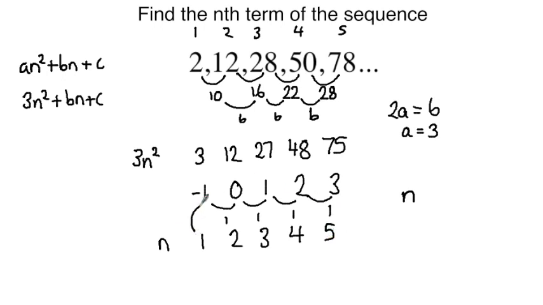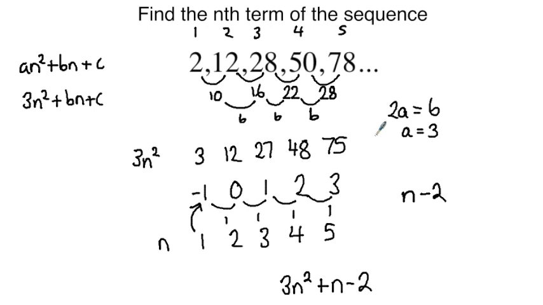So what I've actually got to do to manipulate that to get from 1 down to minus 1, from 2 down to 0, is take away 2 each time. So when I put this all together, I get that this sequence is 3n squared plus n minus 2.